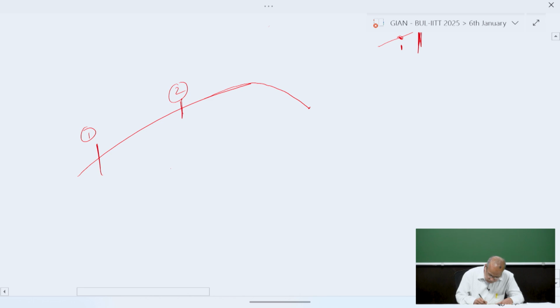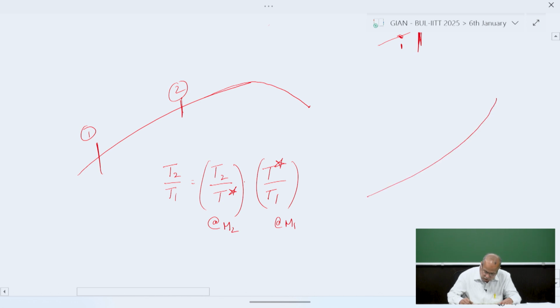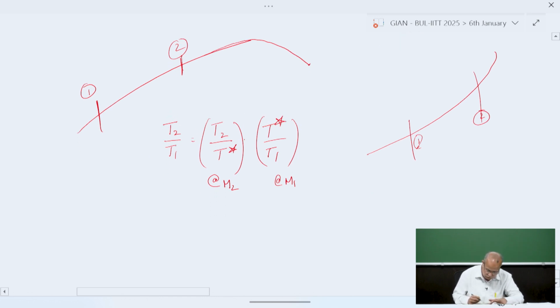So the way forward is T2 by T1, you write it in cyclic form, T2 by T star into T star by T1. Now T2 by T star corresponds to Mach 2, and T star by T1 corresponds to M1. Is that clear? This is the same whether it is the lower branch or the upper branch. So this is what you need to remember.